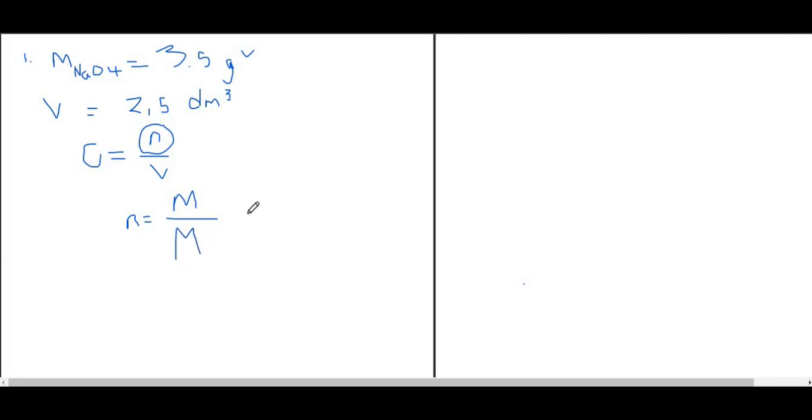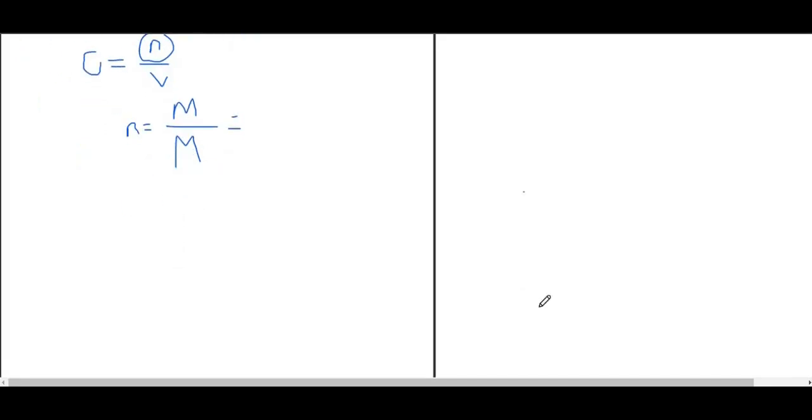So we know the mass. It means that our task now is to find the molar mass of sodium hydroxide. If you don't know how to find the molar mass of a compound, please refer to the first video that I did on quantitative aspects of chemical change. I've shown how to determine molar masses of compounds.